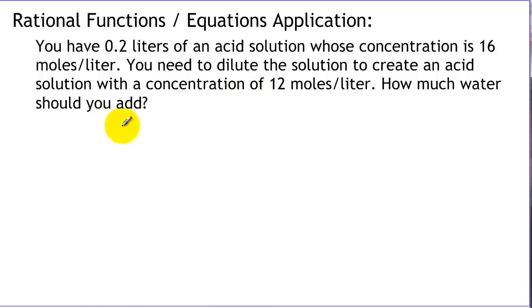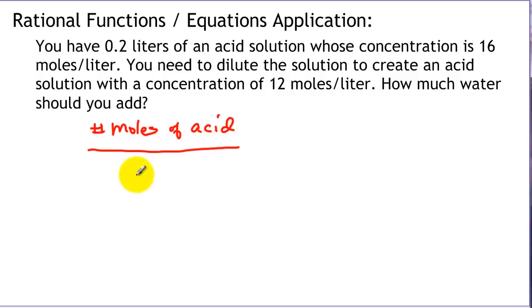So the way we determine the concentration of a solution is we know the number of moles of acid, whatever kind of acid we're using, and we divide that by our volume.